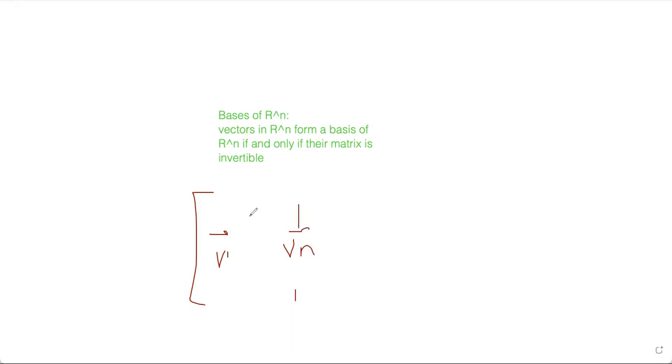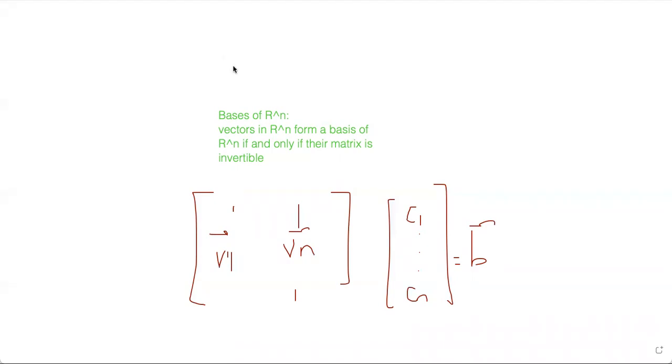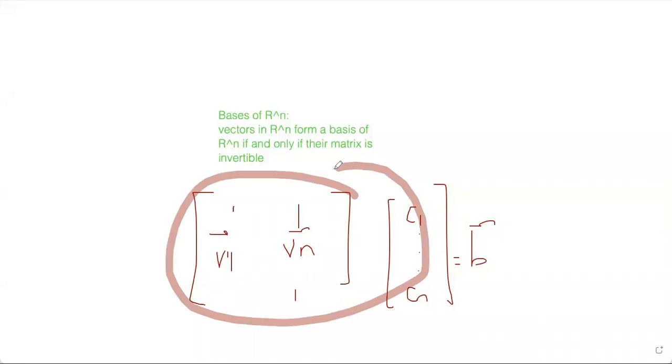We've got our matrix made up of V's. Right? But this linear system has a unique solution for all B if and only if this matrix is invertible, right? So for the definition of a basis to be true, this matrix has to be invertible.